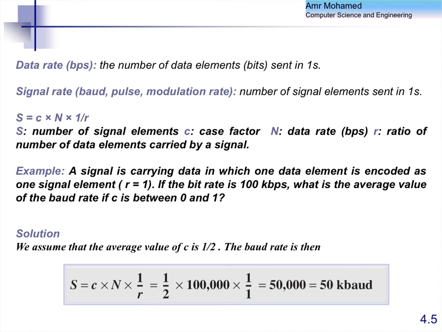So if you have a constant signal, the changes are minimal or zero. If you have the worst case scenario, you have many changes. So C gives you sort of the average between those two extremes. Okay? So C gives you the average between. So the typical value for C is in many cases half, 1/2.